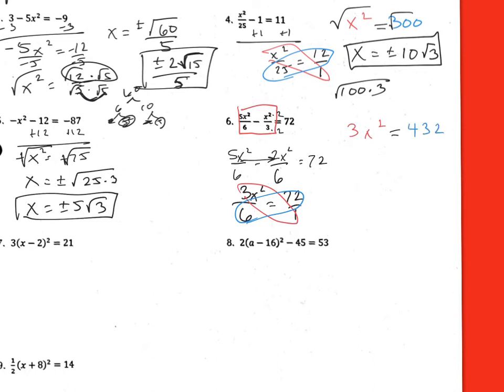Now that's a big number, of course, but we're not going to have to deal with that for too much because we're going to divide by 3 to isolate that x squared. And now we get 144, which this is a perfect square. So the square root of 144 is plus or minus 12.